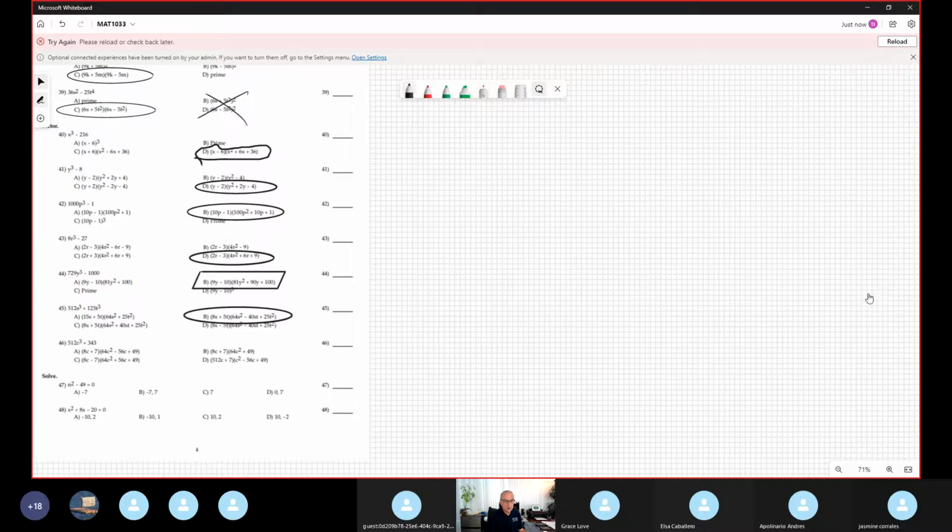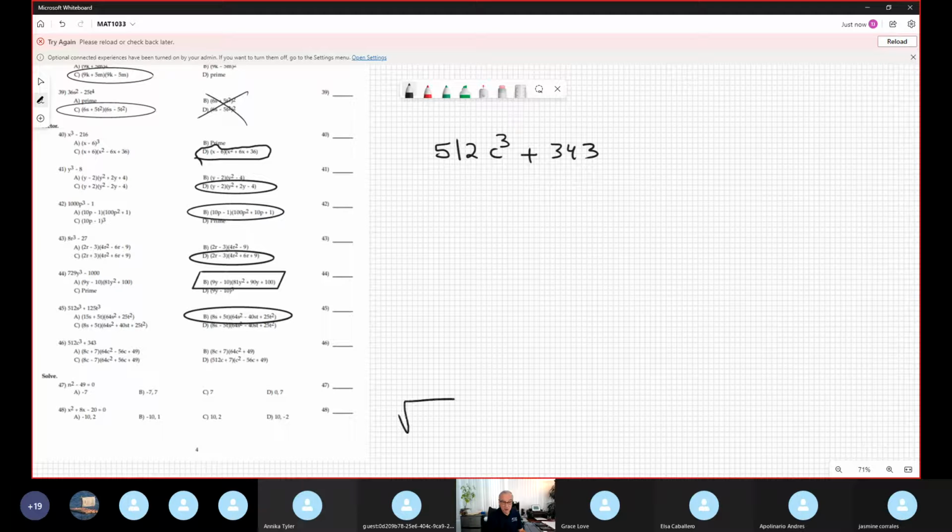The last one, number 46, is 512. The C, no? C cubic. We did before, cubic root plus 343. Factorization of this expression, a binomial, a sum of cubes. I know the cubic root of 512 was A, no?